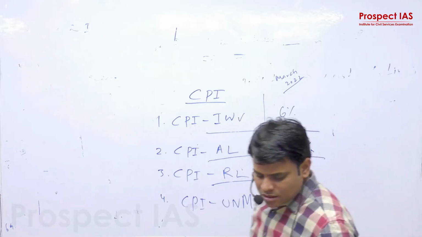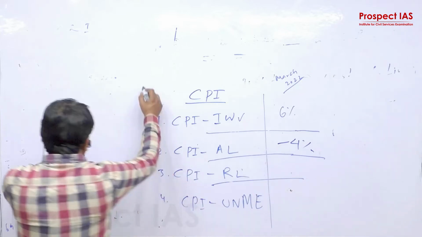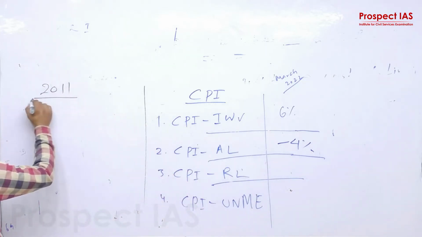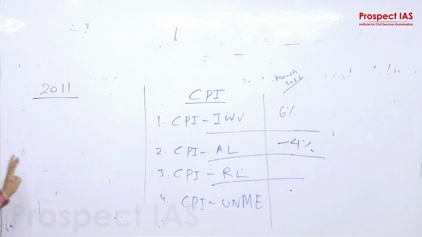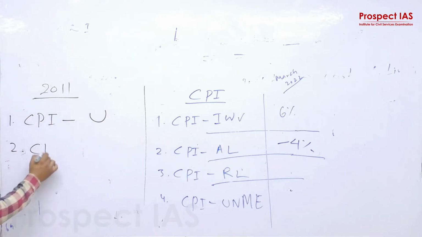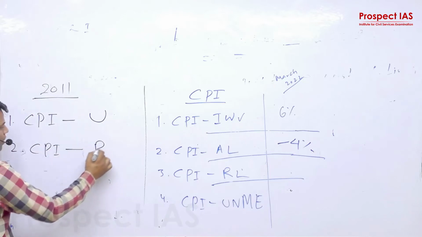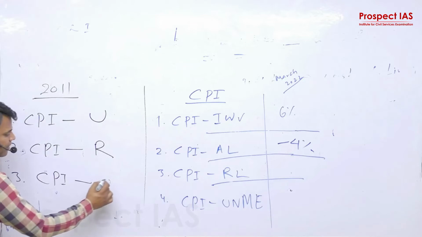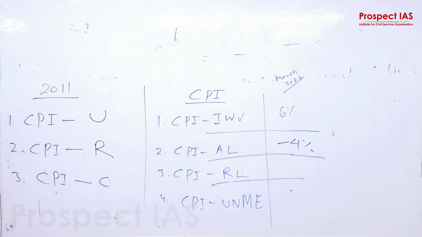So from 2011 onwards, we started using 3 more variants of CPI. Now we are calculating 3 more variants of CPI. This is first CPI for urban areas, then second one is CPI for rural areas, and this is CPI combined. Combined means for the country as a whole.